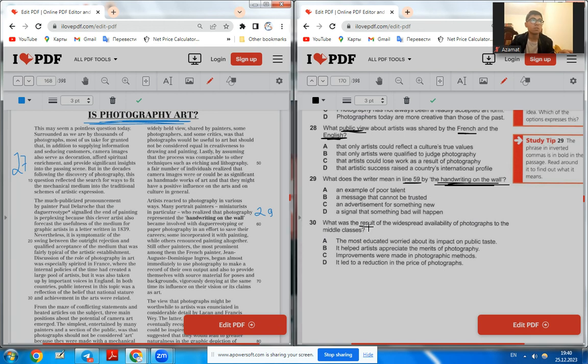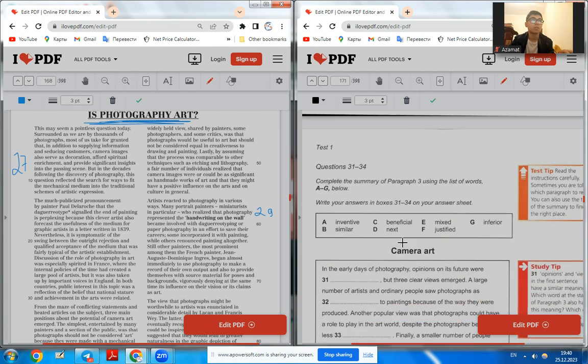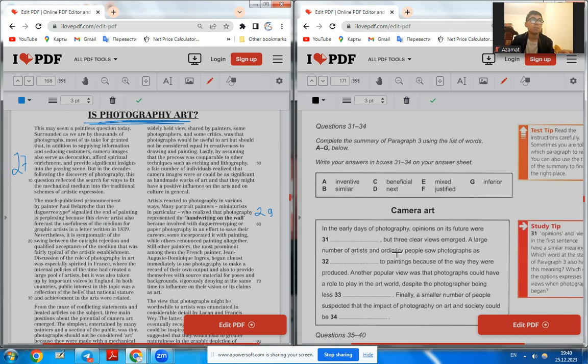What were the results of the widespread availability of photographs to the middle classes? Here we have summary completion with choices. In the early days of photography, opinions on its future.